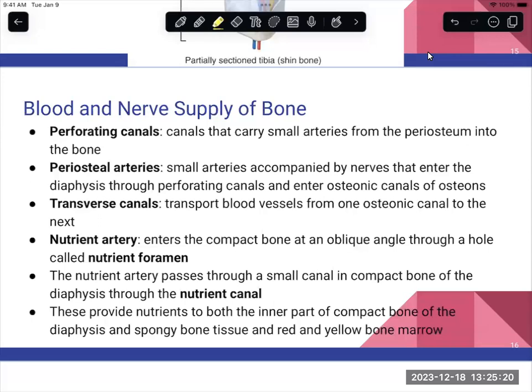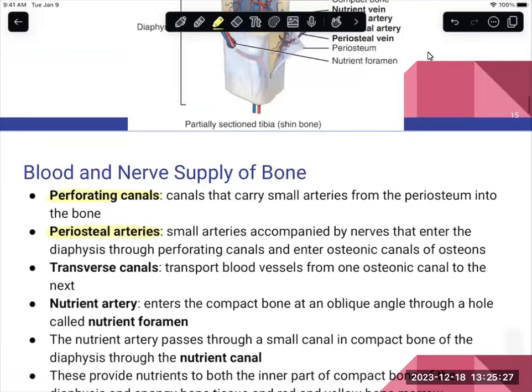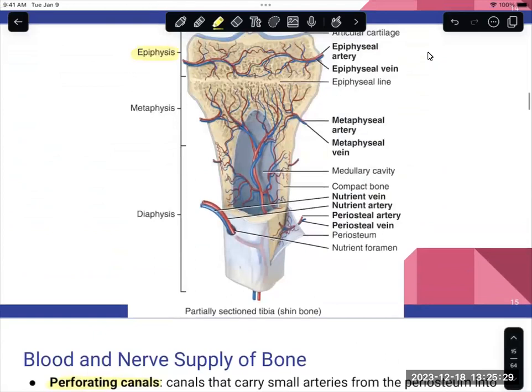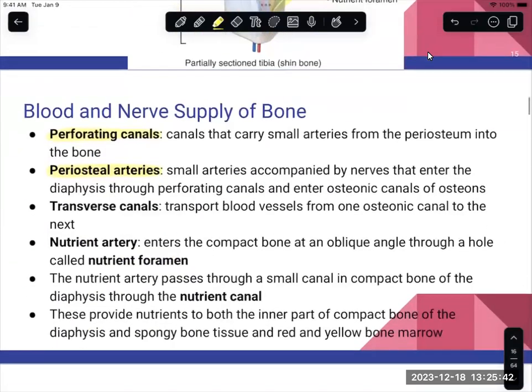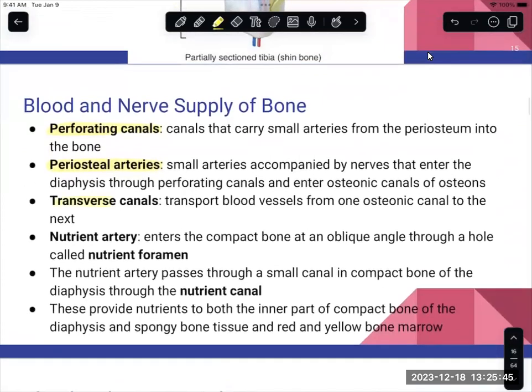So I mentioned those perforating canals. We have periosteal arteries. These periosteal arteries are arteries and veins that are found within this periosteum here, that covering of that bone. Those transverse canals that I mentioned in that picture help get blood around that bone.